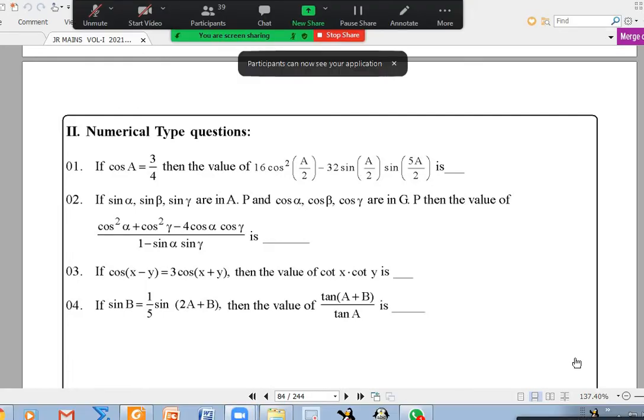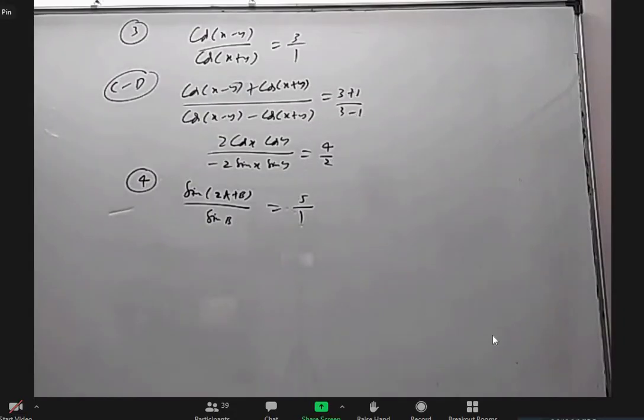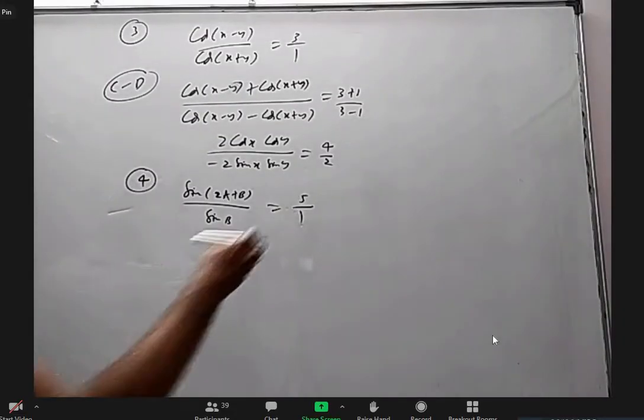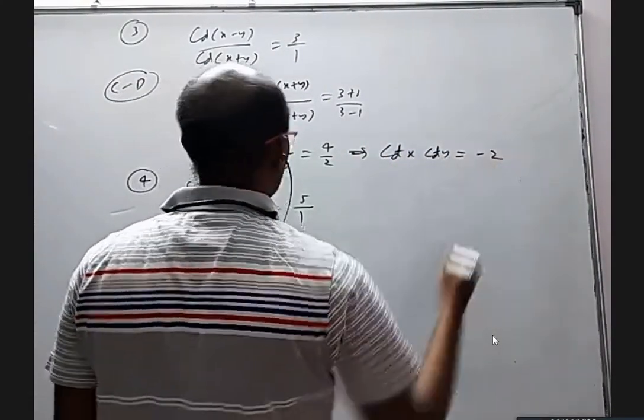They wanted cot x into cot y, so straight away cot x cot y is equal to minus 2.